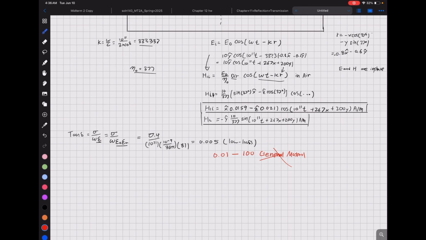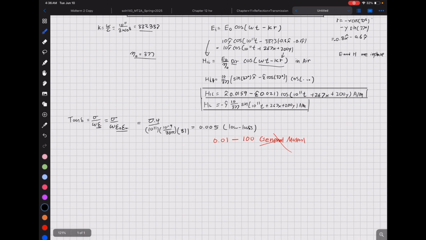So with that, we need to use Snell's law to find the gamma. Using Snell's law, we have n of incident, sine of incident, equals n of t, sine of t.